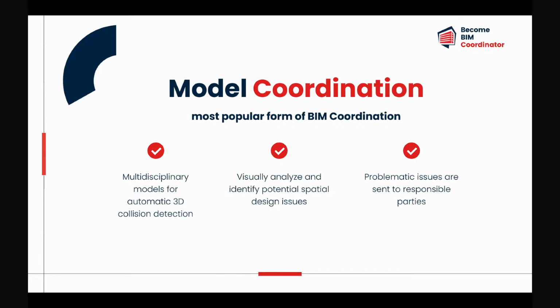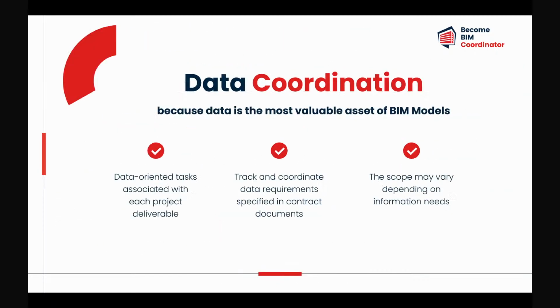The next part is data coordination, and data coordination in BIM is all about making sure that the right information is in the model at every stage of the project, because data coordination helps us manage data needs, so everything is accurate and ready to use when the models are used later during construction, or for example during the facility management phase.